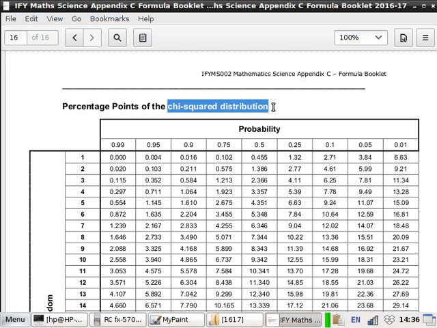Okay, hang on. What value did we calculate? 3.2. And the limit is 2.71.